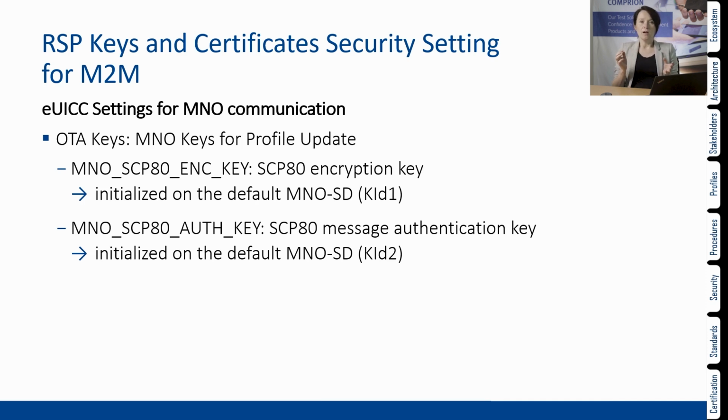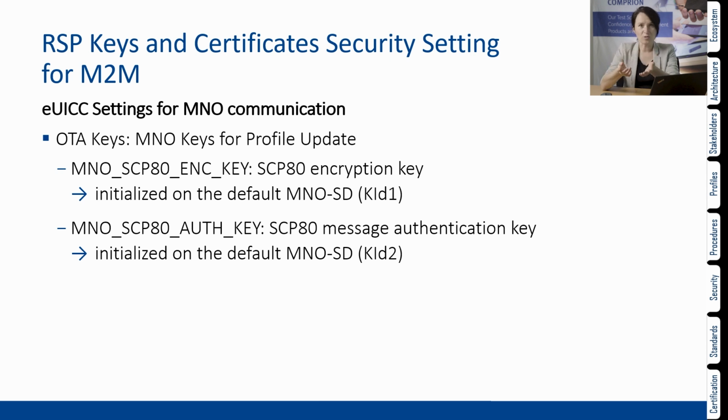Then there are additionally the keys which are used for network access. So network access application keys, and they are used for MILENAGE, TUAK algorithms, or whatever is used to access the network. So the network keys are not mentioned here.